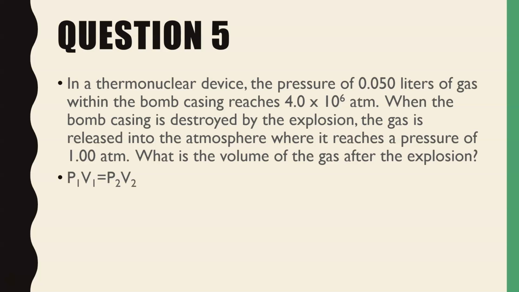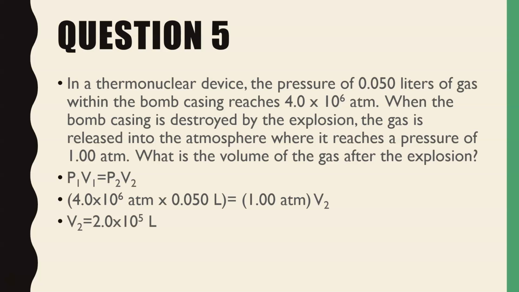So when we keep reading, it tells us the pressure of that volume reaches 4.0 times 10 to the 6 atmospheres. As we keep reading, we then see that after the explosion, it's going to reach a pressure of 1.0 atmospheres, and it's asking us to solve for volume. So we plug in everything to our formula, and we're going to solve for our V2, which should have been 2.0 times 10 to the 5th liters.